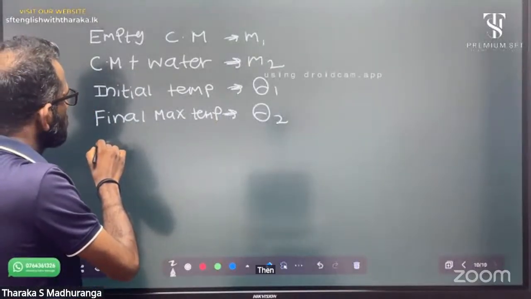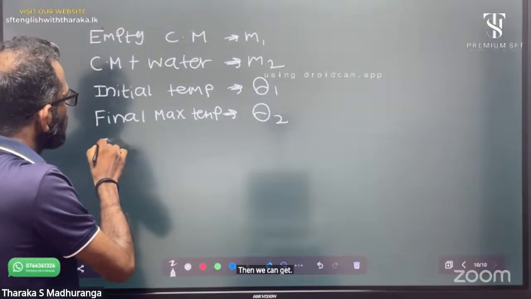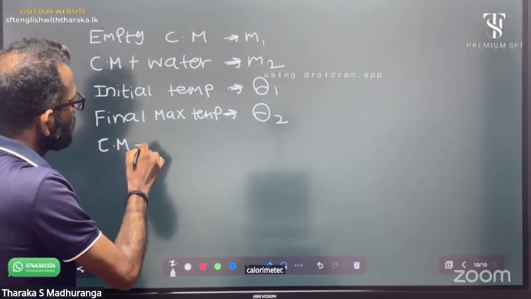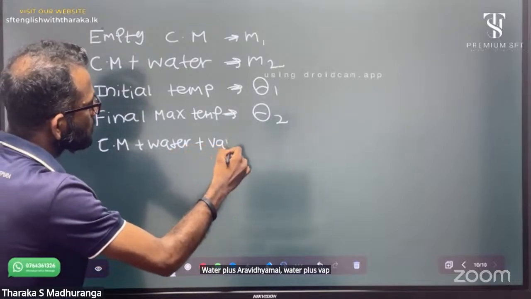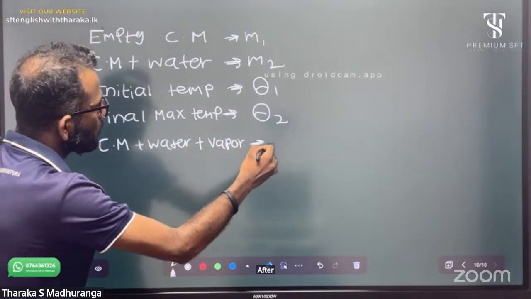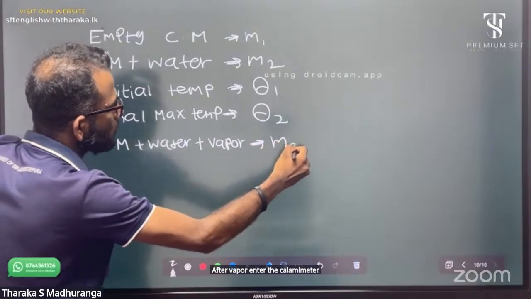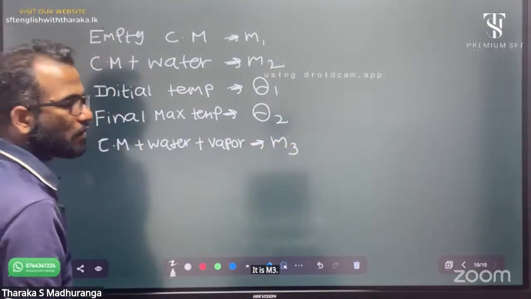Then we can get the calorimeter, water plus vapor. After the vapor enters the calorimeter, it is empty. Right?